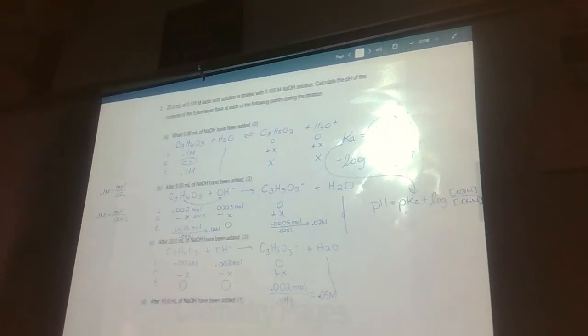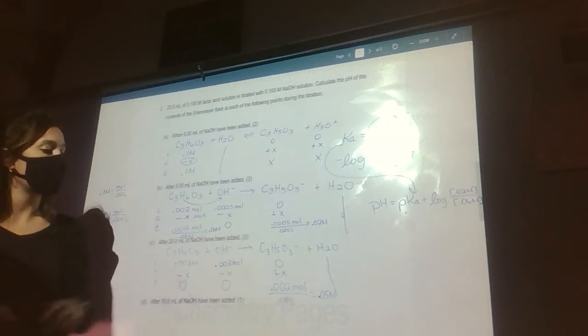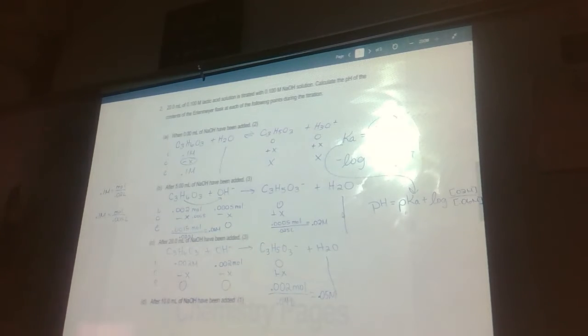Weak base in water. How am I going to find the pH if I don't have any hydronium or hydroxide? It's not, because I've added a strong base to a weak acid. This is the trickiest part. When you're here at the equivalence point and you have this in water, you have to start again.